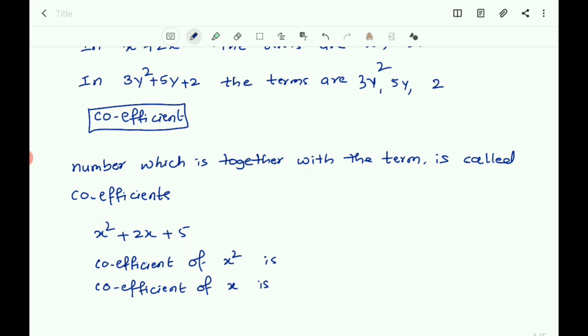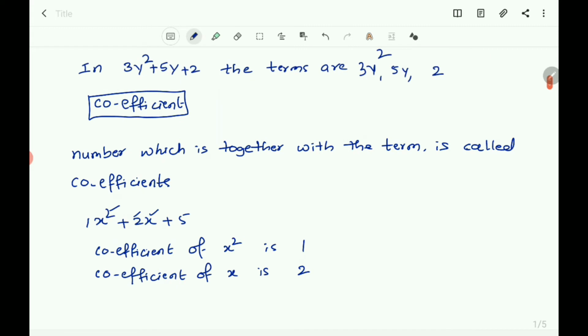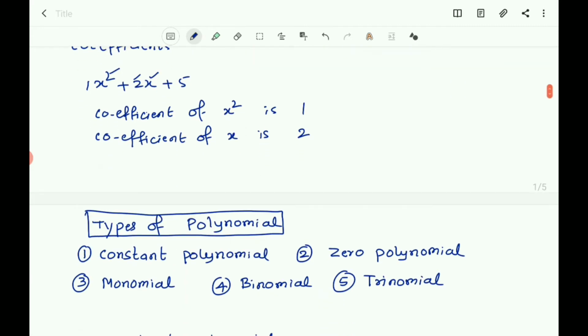Together with the x square there is 1, so the coefficient of x square is 1 here. And the coefficient of x is 2. So what is a coefficient? The number which is together with the term is called the coefficient.